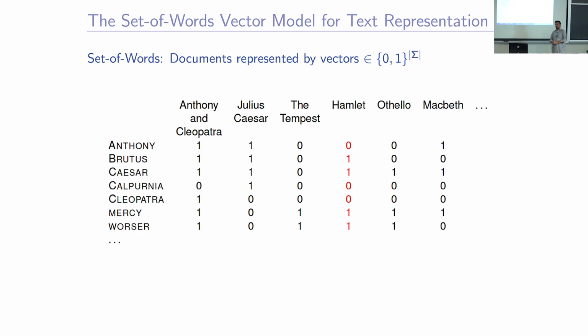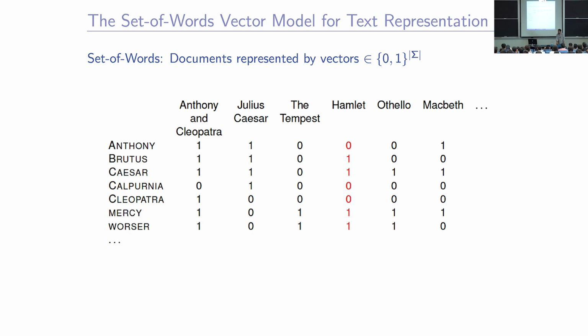So the set of words model for text representation in a computer is actually the characteristic vector of the set. You get a set, you get a vector, you define a bit vector whose length is the size of your vocabulary, called sigma. If a word appears in a document, you write 1 there, and if a word doesn't appear in the document, you write 0 there.